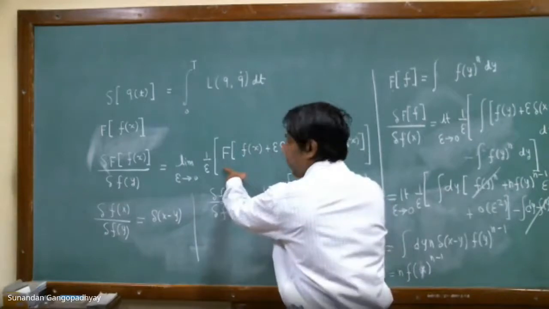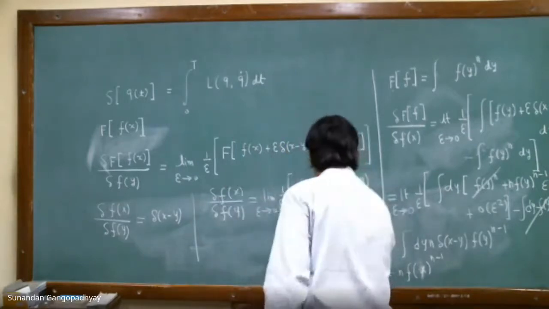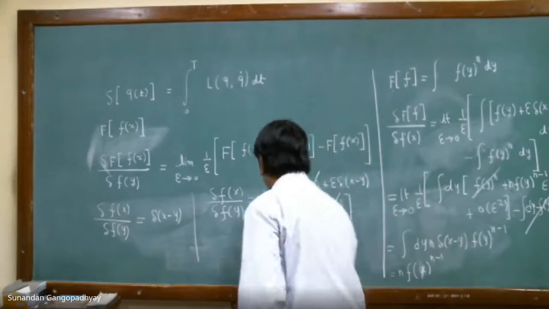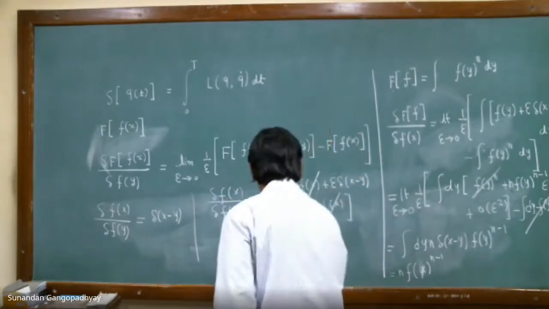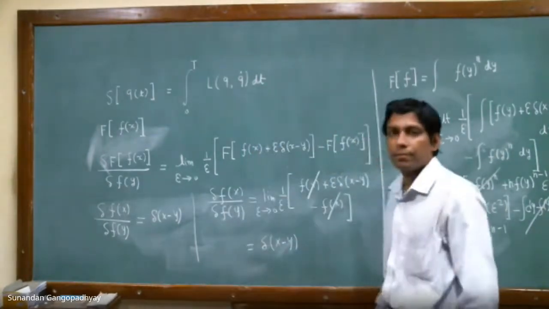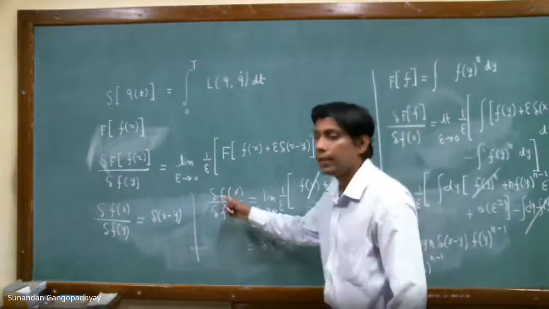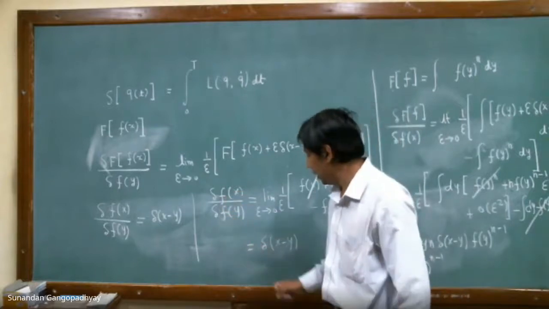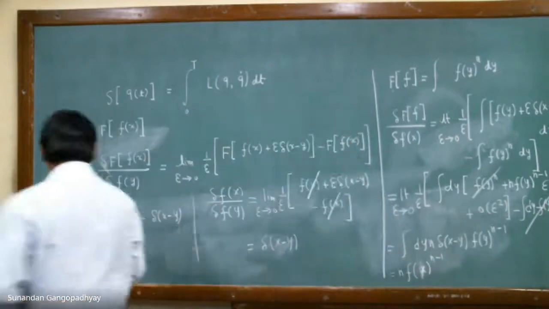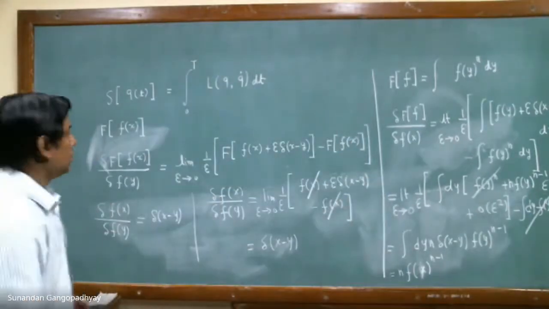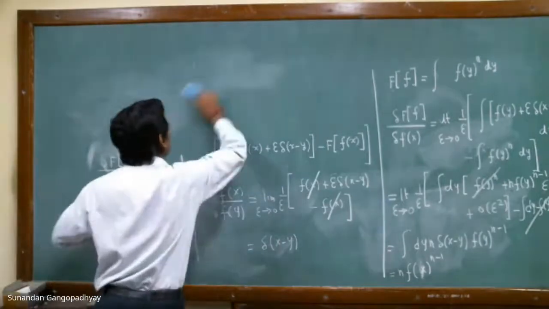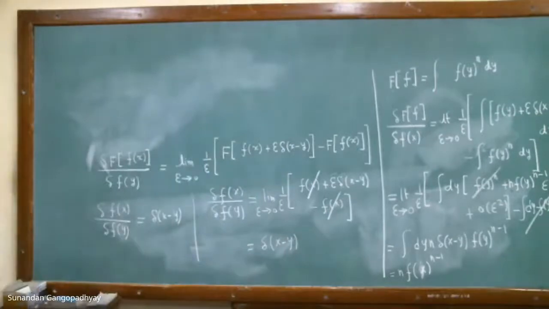So this is from this term, and this term is nothing but f of x. So this and this cancel, and epsilon gets cancelled, and therefore you get delta x minus y. So this thing that I used in the last class follows immediately from this definition of the functional derivative. Good. So we have done 2 examples so far. We shall do a couple more examples now.